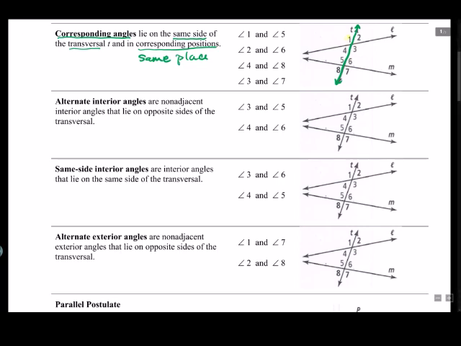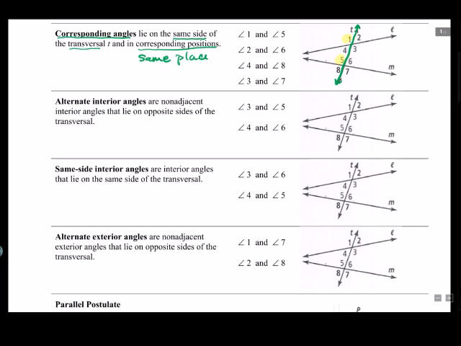So let's start with angle 1. Angle 1 is to the left of the transversal and above the line. So the next angle that is to the left of the transversal and above the line is angle 5. Angle 2 is to the right of the transversal and above the line, and so is angle 6.